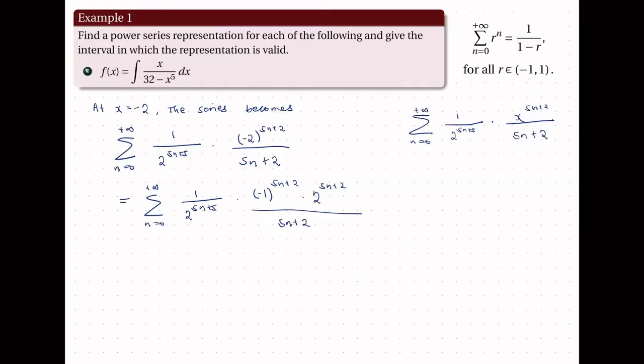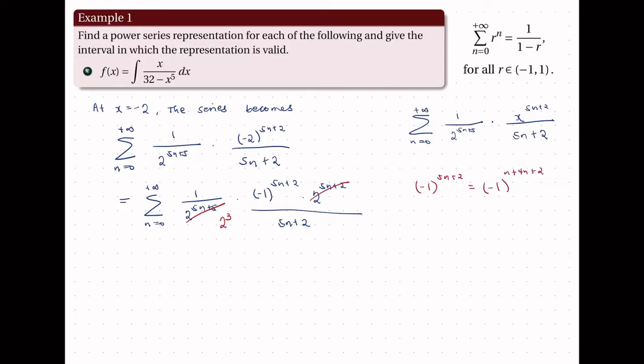Okay? Note here that this will cancel, right? And may matitirang 2 cubed sa denominator. Moreover, -1 raised to 5n plus 2. Okay, we can write this as -1 raised to n plus 4n plus 2.